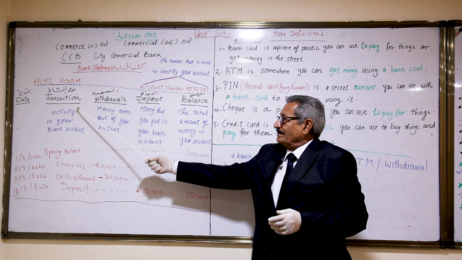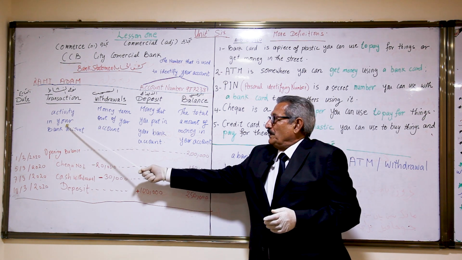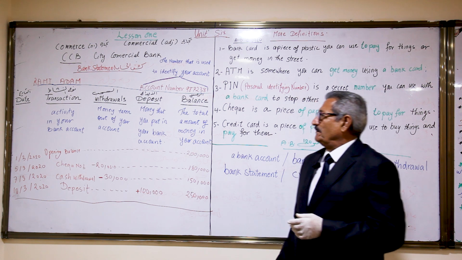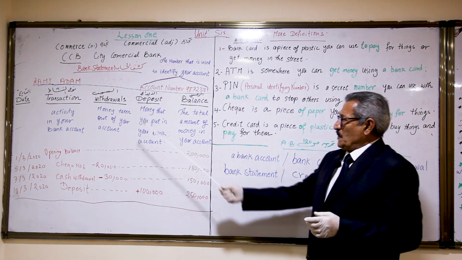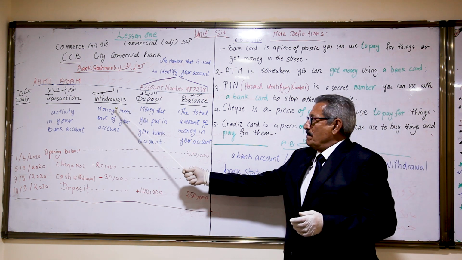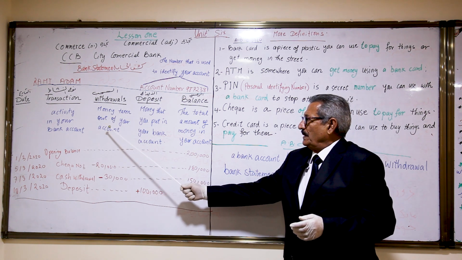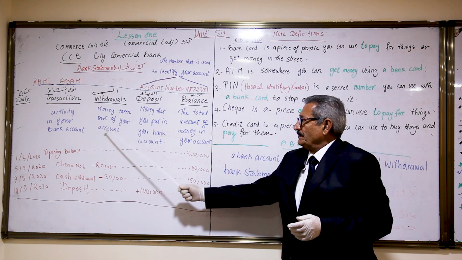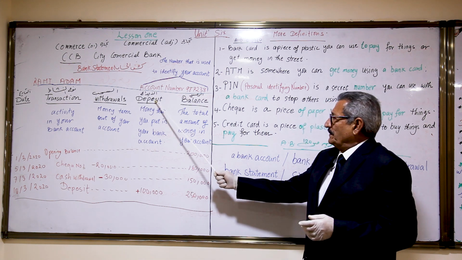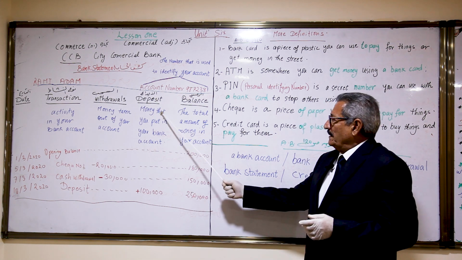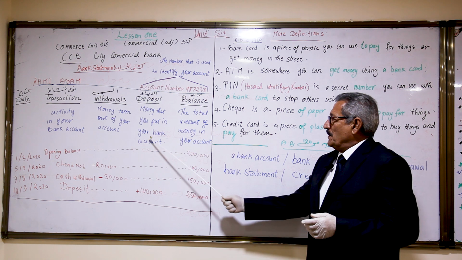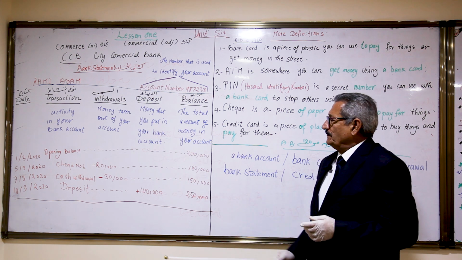Transaction, activity in your bank account. Withdrawals, money taken out of your account, and deposit, money that you put in your bank account.